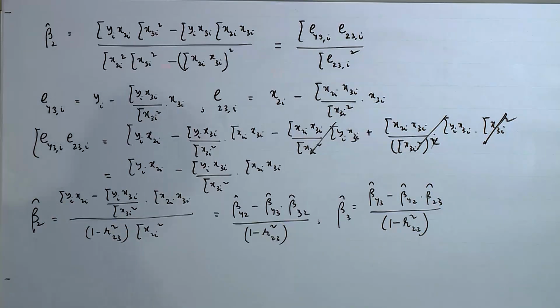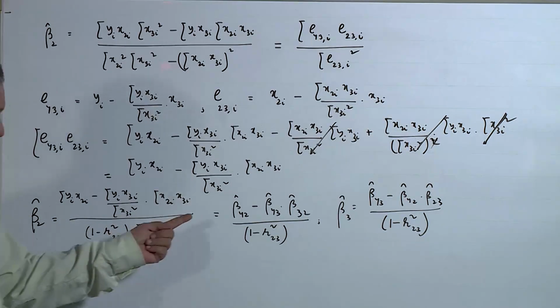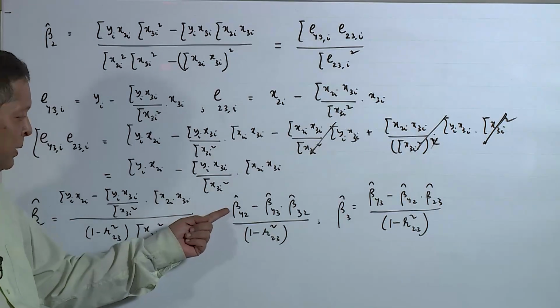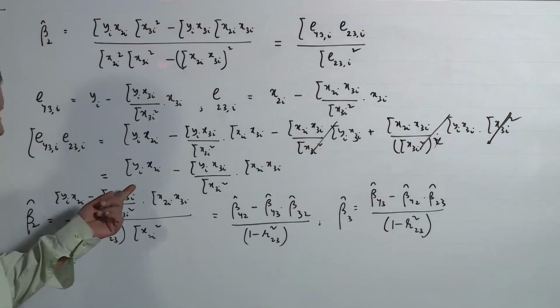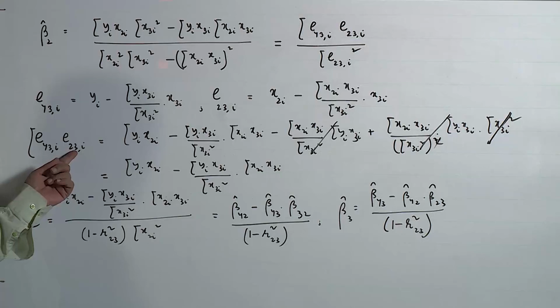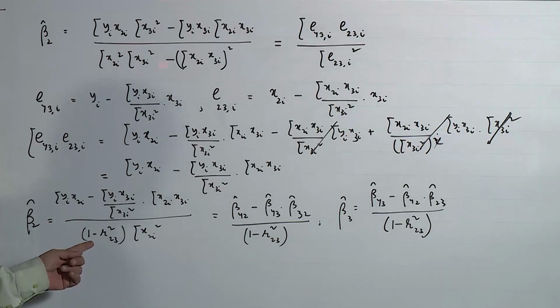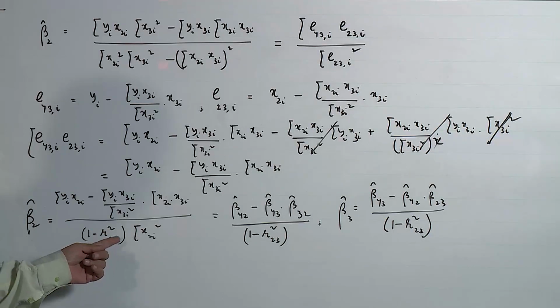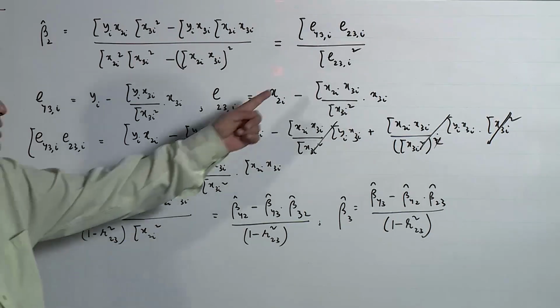Now, comes the most interesting part. So, this is Σy x2 divided by Σx2i square, sorry. So, that is nothing but beta hat when y is regressed on x2, and we substitute Σe_y3 e_23, that is this expression we put in the numerator, and the denominator is 1 minus r square 2 3 times Σx2i square, which is nothing but the residual sum of squares when x2 is regressed on x3.